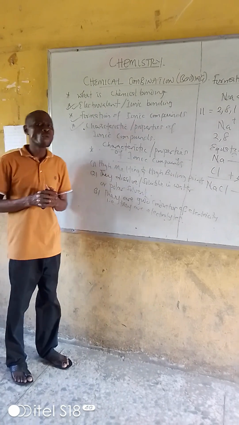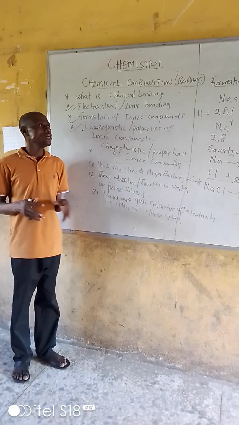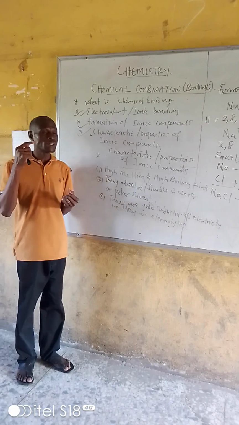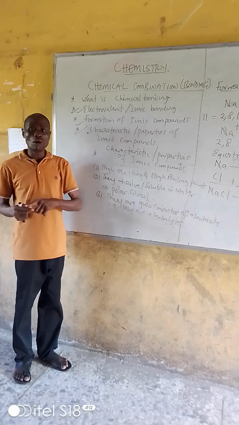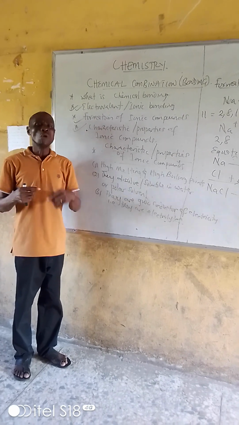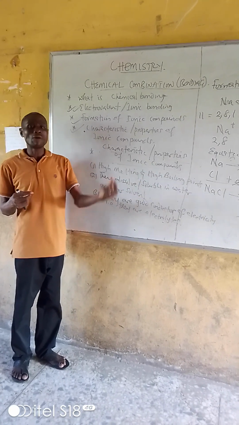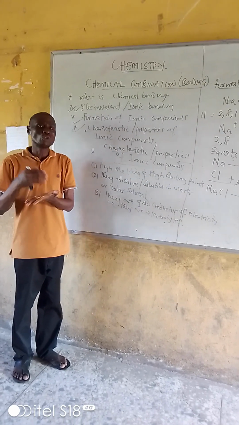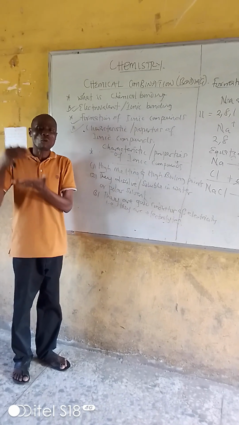So these are all we have for today. In our objective, we talked about what chemical bonding is, which involves the formation of a compound whereby some atoms lose electrons and another gains, or a process whereby electrons are shared, which we will discuss later. That's covalent bond.